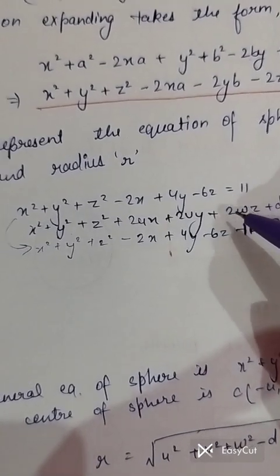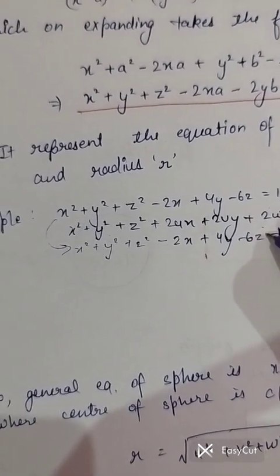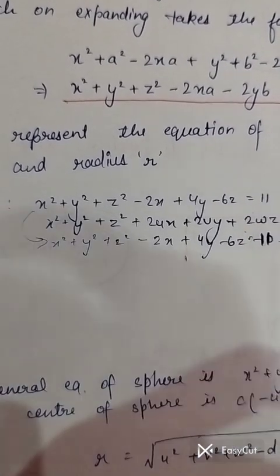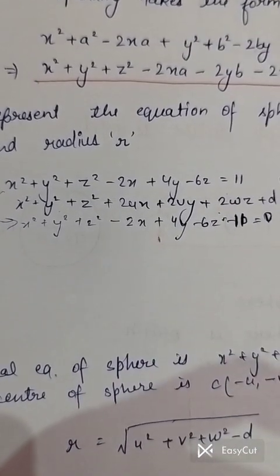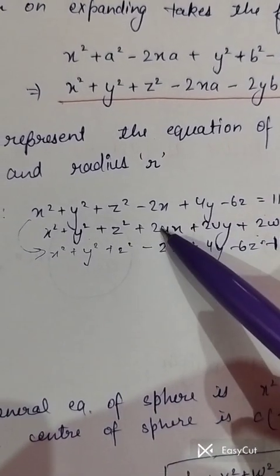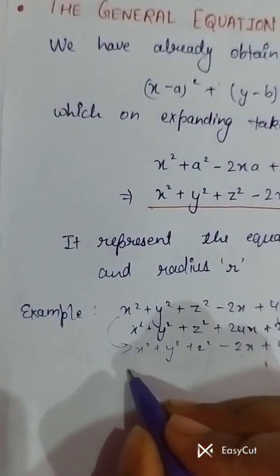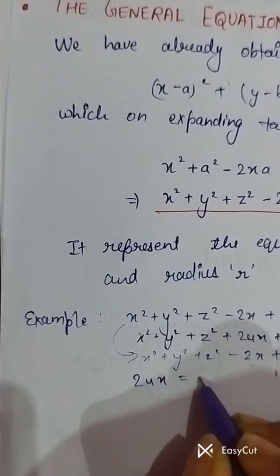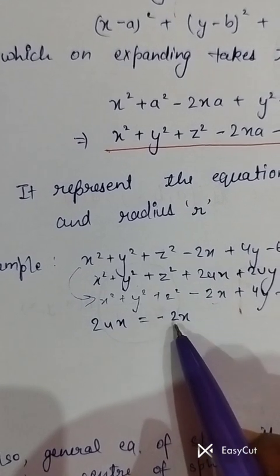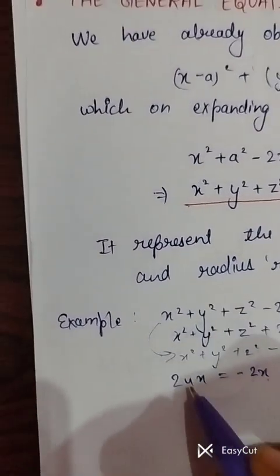So on comparing these two equations, we will get the values of u, v, w and d. So on comparing this term, we will get 2ux is equal to minus 2x.